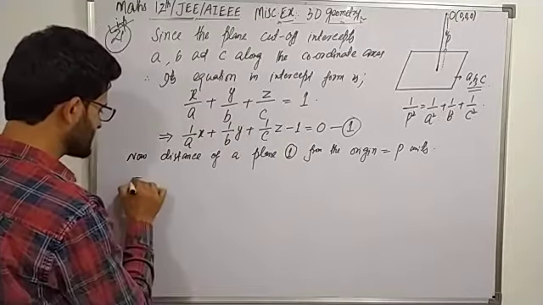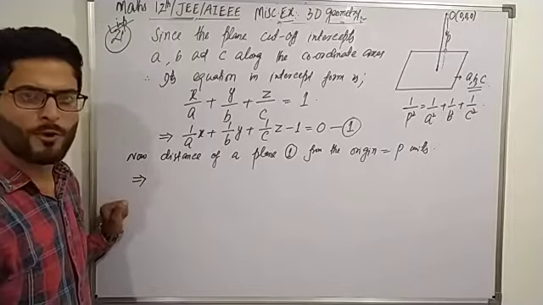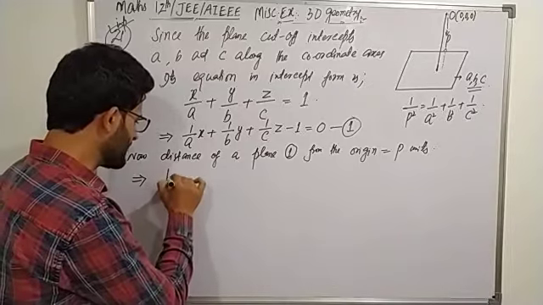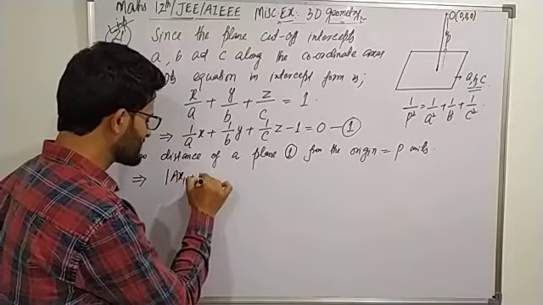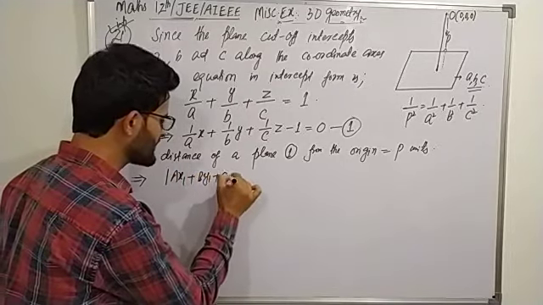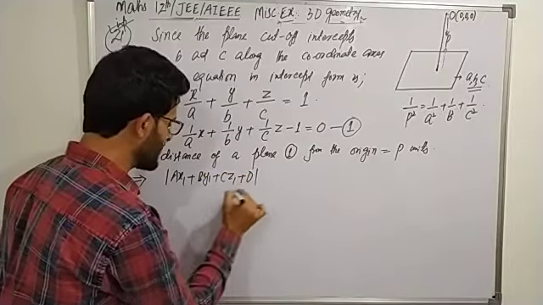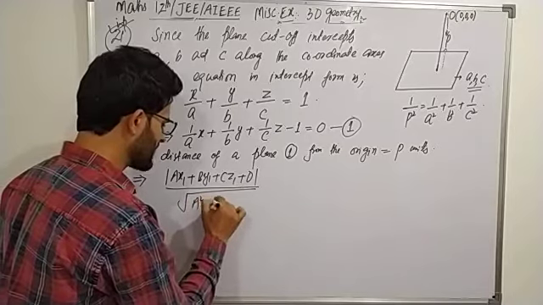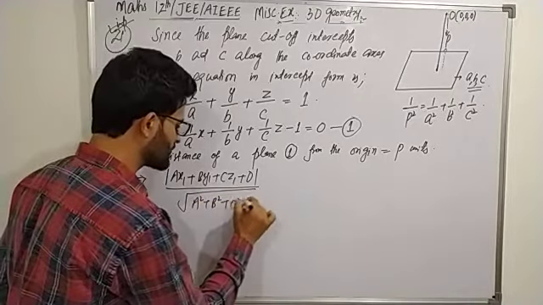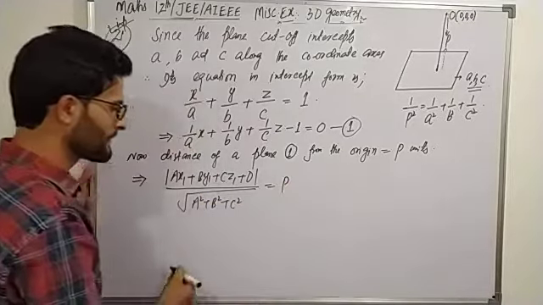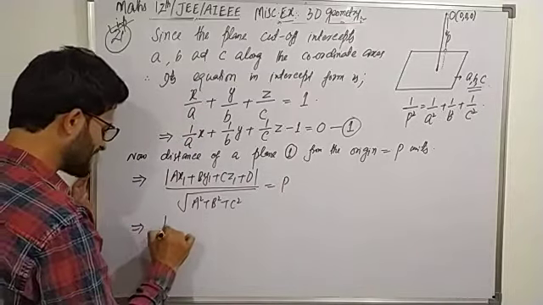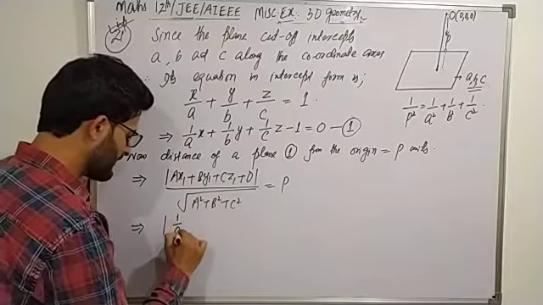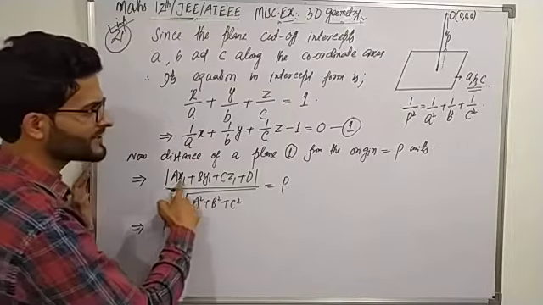So, distance of a point from a plane: mod of ax1 plus by1 plus cz1 plus d divided by square root of a square plus b square plus c square must be equal to p. Further, the first direction ratio is 1 by a, into x1, the x coordinate.